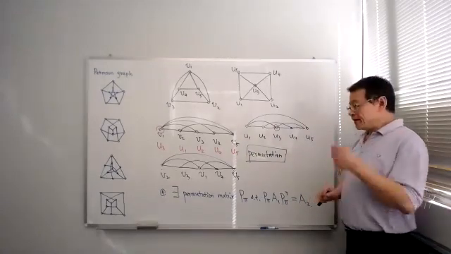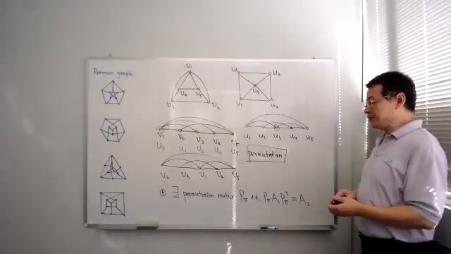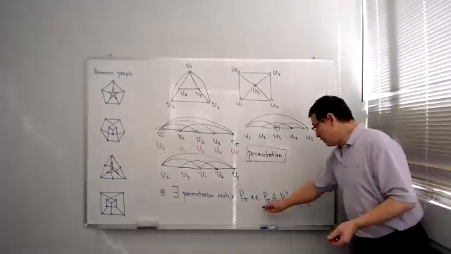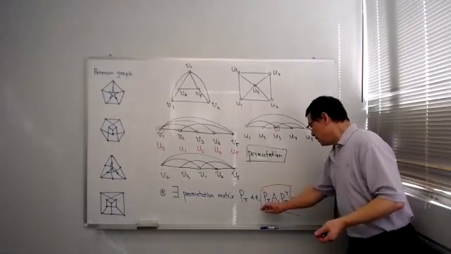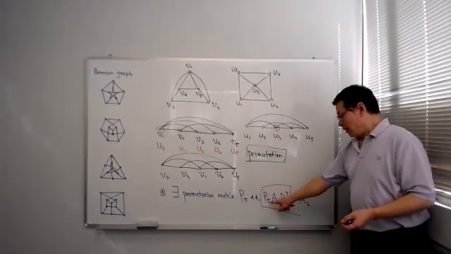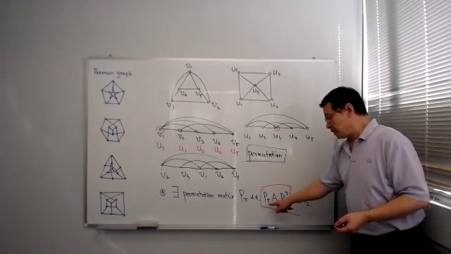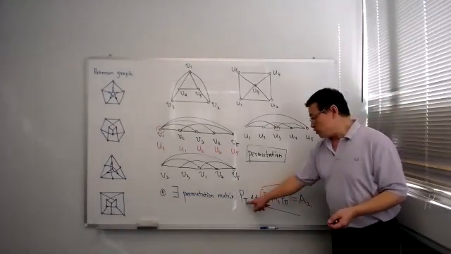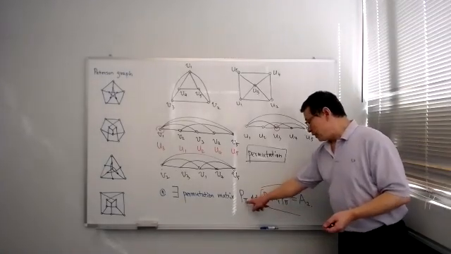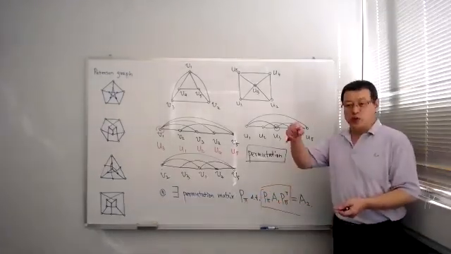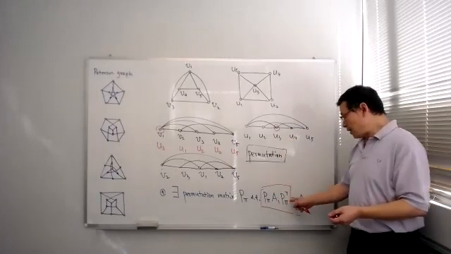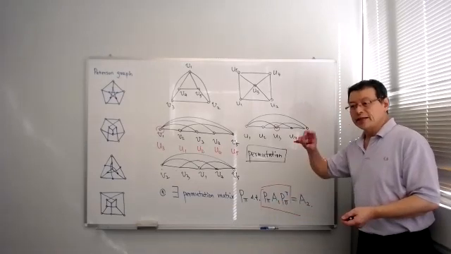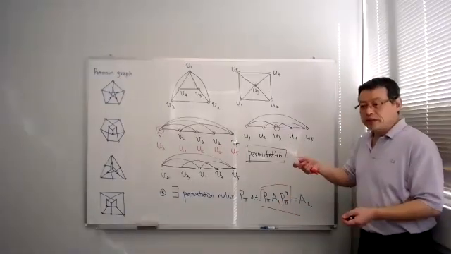Now, in terms of linear algebra, that means there exists a permutation matrix such that when I transform this matrix by exchanging rows and columns, I get the second matrix. When I use a permutation matrix to multiply a matrix, it permutes rows. When I multiply by its transpose on the right-hand side, it exchanges columns.